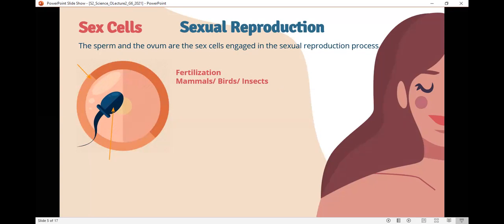The zygote grows in the female's body. And it grows into what? What do we call the baby growing inside the female's body? An embryo. Thank you. The embryo grows inside the female's body. The embryo needs oxygen and needs nutrients. Who provides the embryo with these?